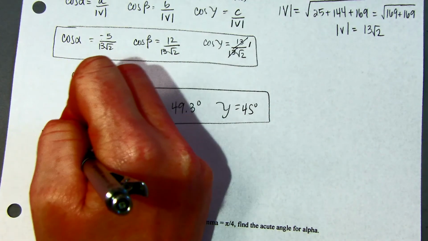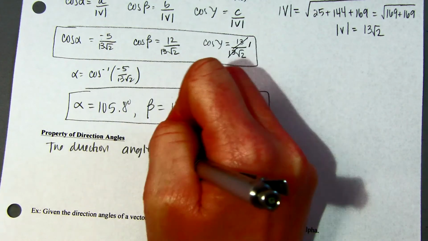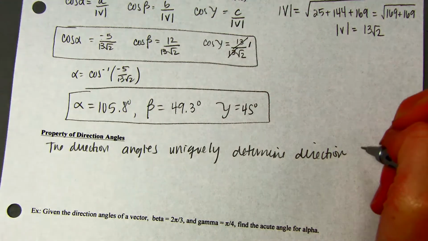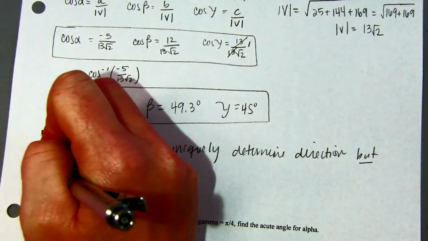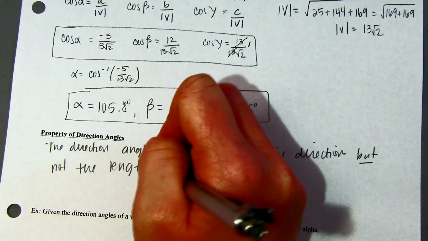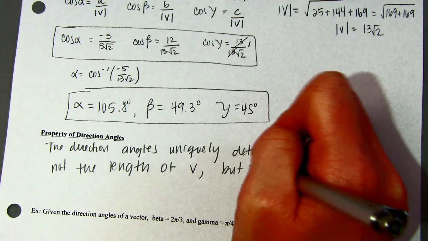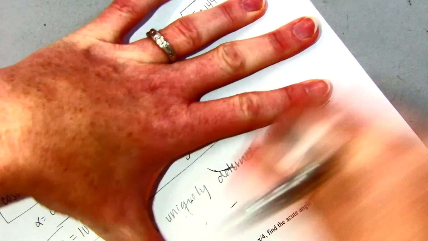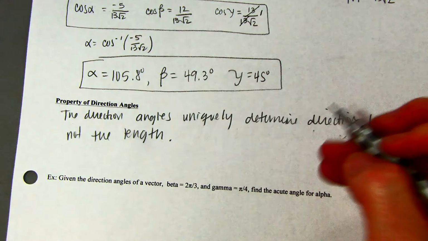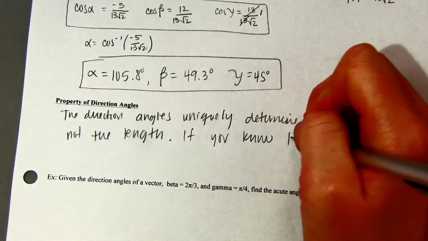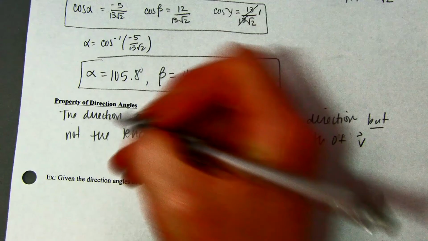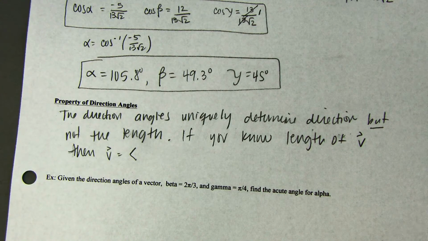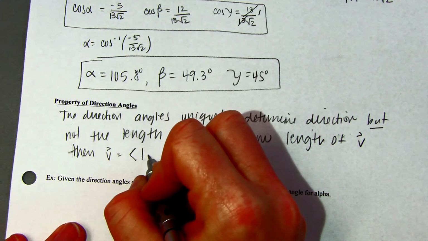The direction angles uniquely determine the direction, but not the length of V. But if you know the length of V, then the A component would be the magnitude of V cosine alpha.